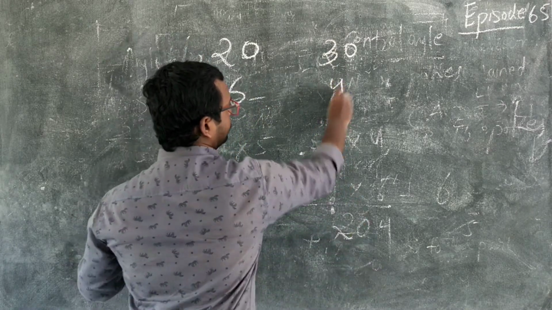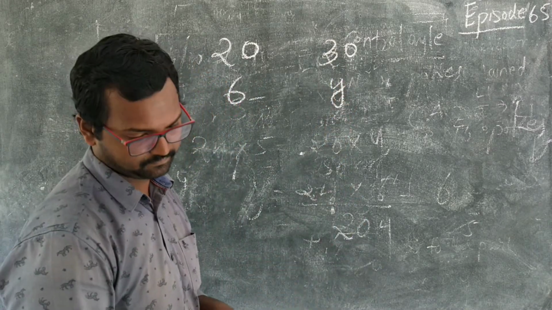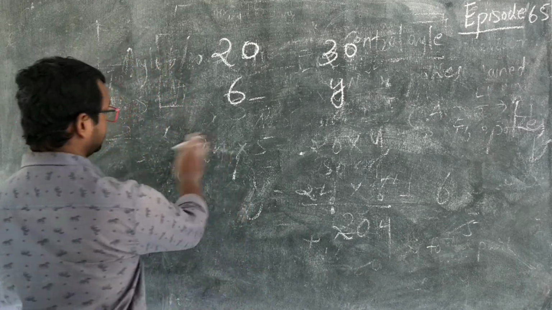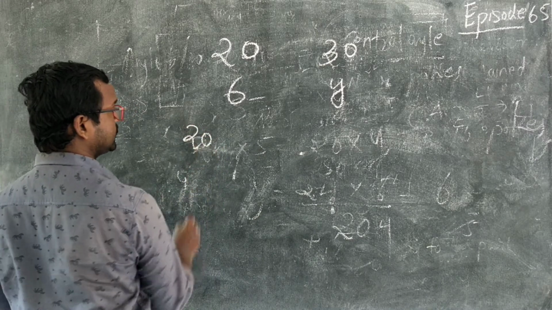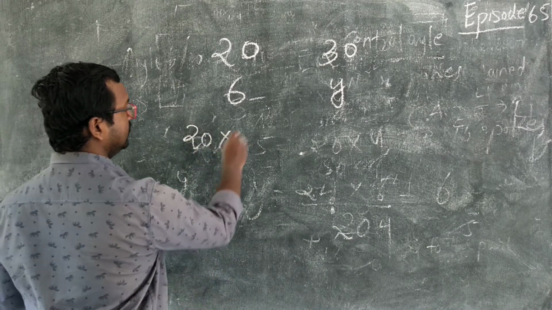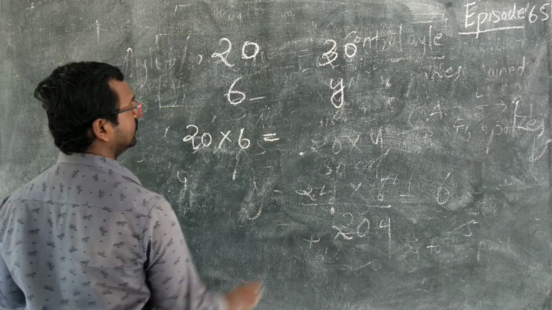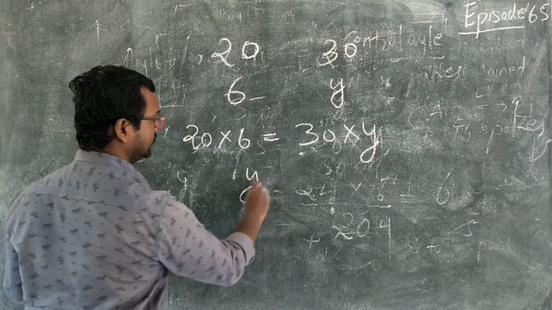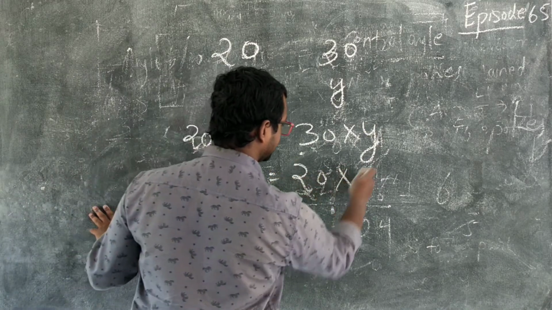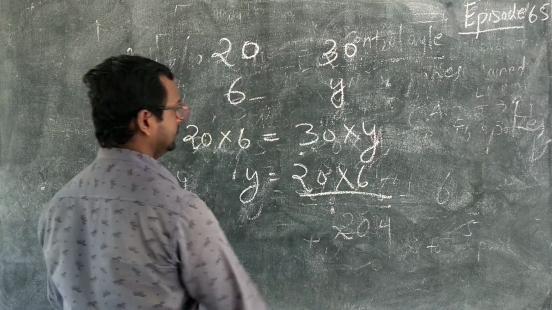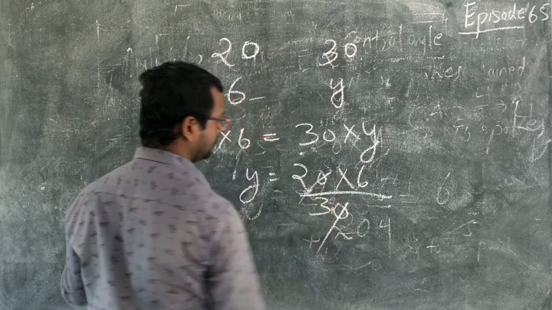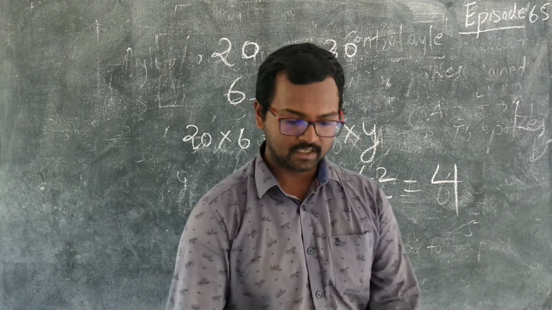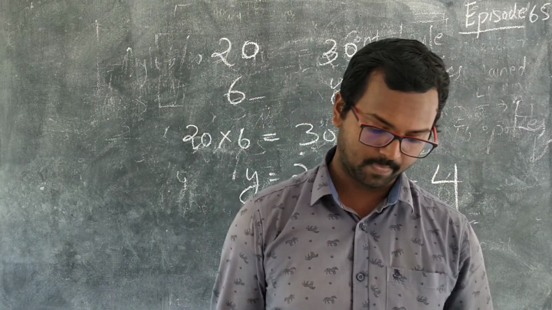How long will the food last? Here we apply proportion, x1 y1 is equal to x2 y2. 20 into 6 is equal to 30 into y. So y is equal to 20 into 6 divided by 30. The zeros cancel, and the food will last for 4 days.